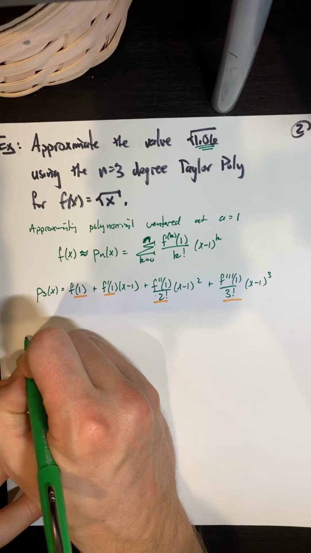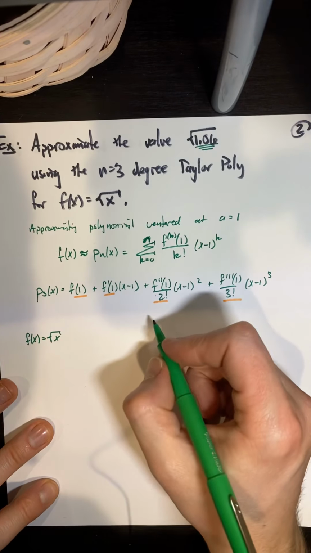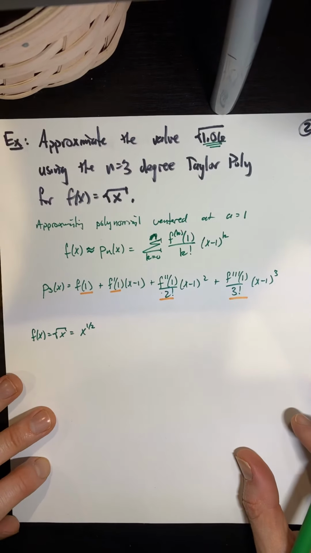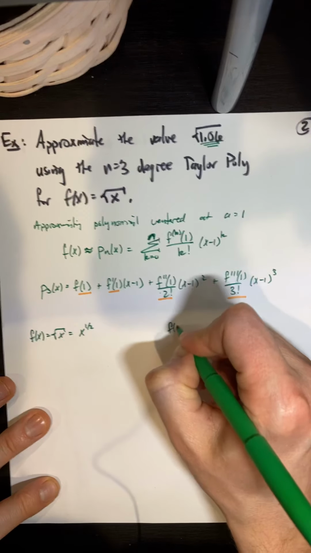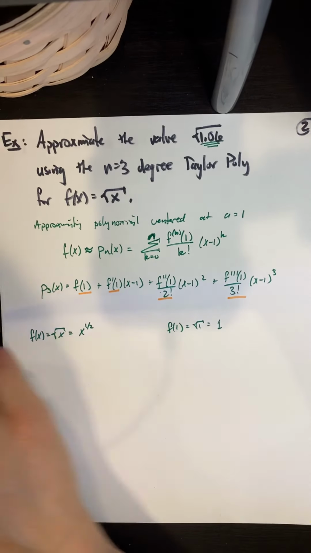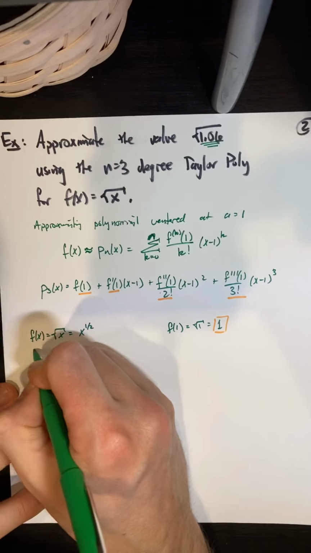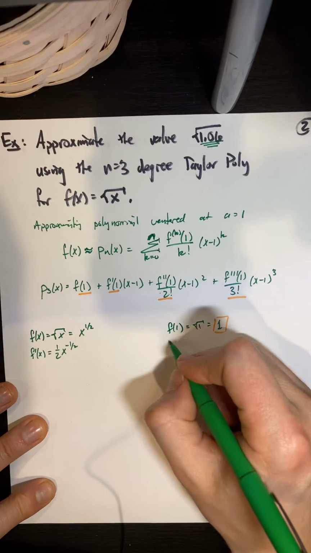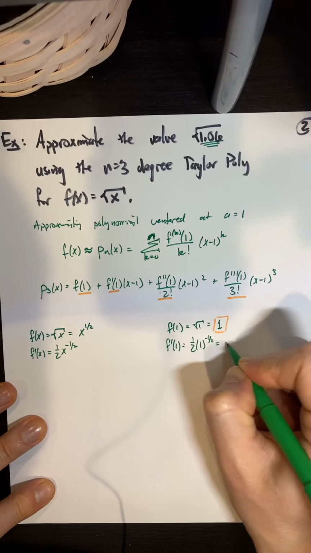So f of x, that's the function, the square root of x. I'm going to write this as x to the 1/2, because I know I'm going to have to do the derivative, and it'll be easier if it's written as a power function. So f of 1 would just be the square root of 1, which is 1. So I'll just box the first term there. It's just 1. So f prime of x would be 1/2 x to the negative 1/2. So f prime of 1 would be 1/2 times 1 to the negative 1/2, which is 1/2.